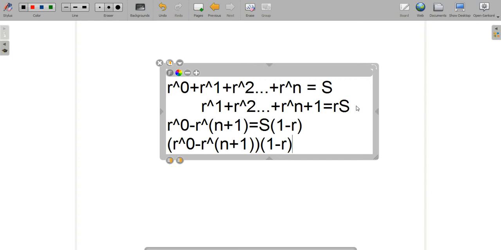Okay, and don't think that the negative is going to be an issue. If r is below 1, this number is also going to be below 1, approaching 0. So it's going to be positive divided by a positive. If r is bigger than 1, well, then it's kind of easy. It's negative because this number is going to be big divided by a negative, so don't worry about that. So this is equal to the sum.